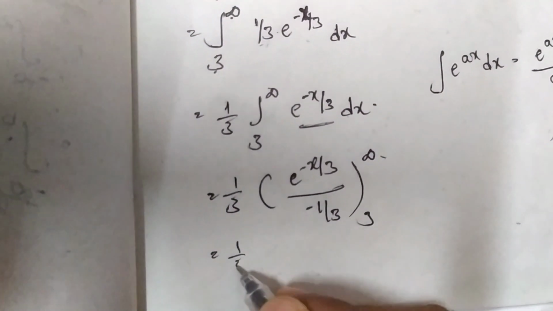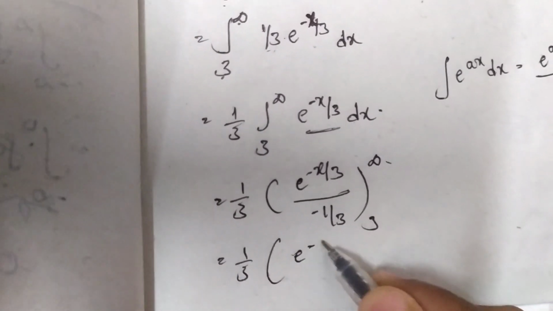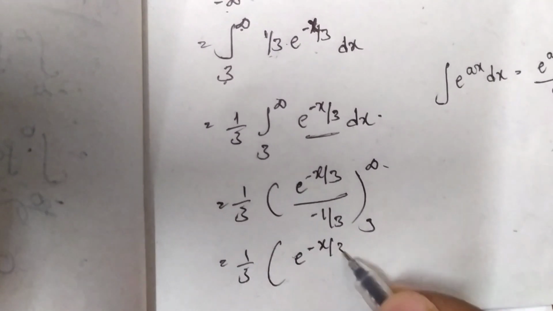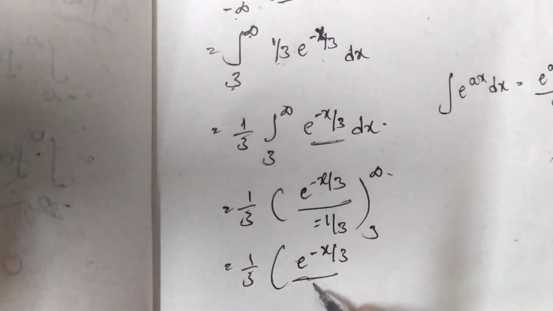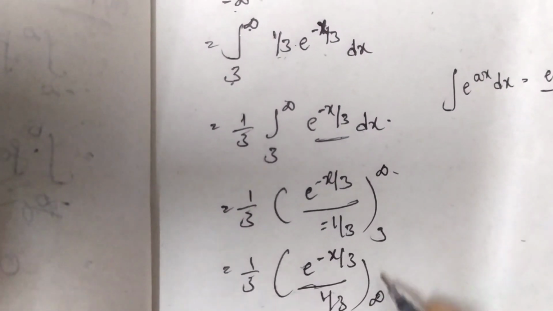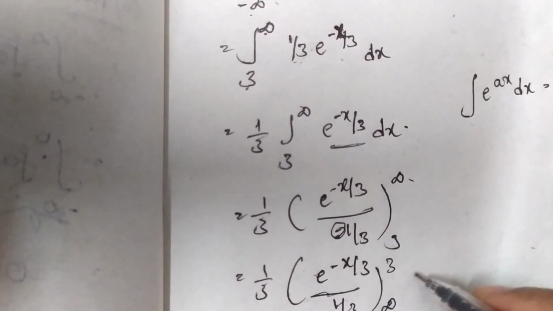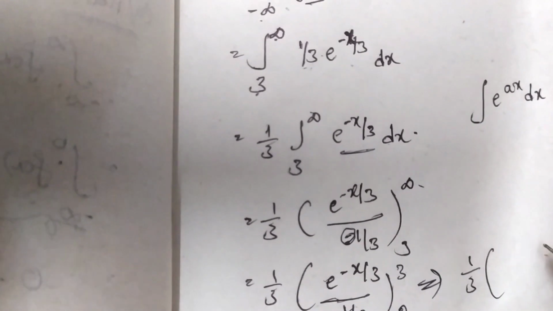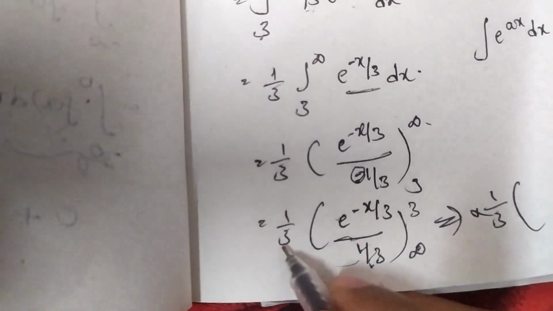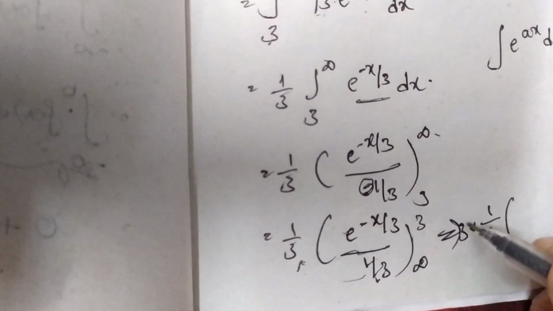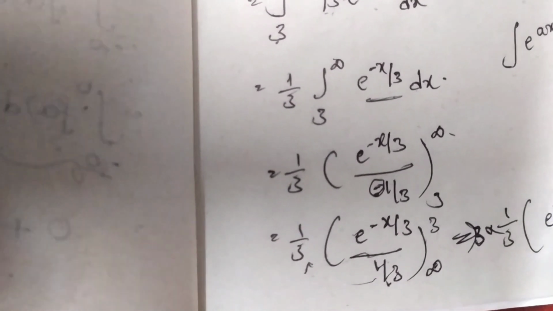Now, 1 by 3. By eliminating the minus sign we change the limits, so it becomes 1 by 3 into the limits from infinity to 3. Because we change the limits to eliminate the minus, the division by 1 by 3 becomes multiplication by 3 on the other side, giving 1 by 3 into 3 e power minus x by 3 from 3 to infinity.